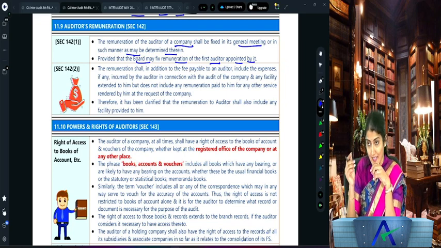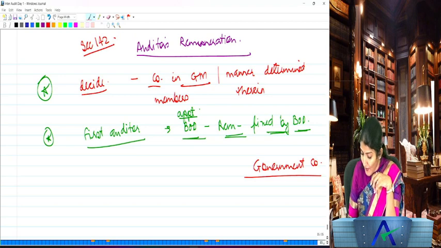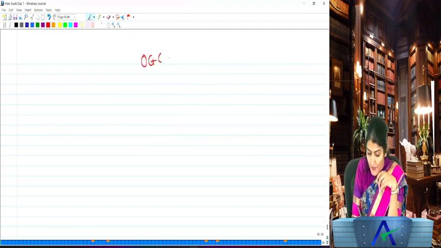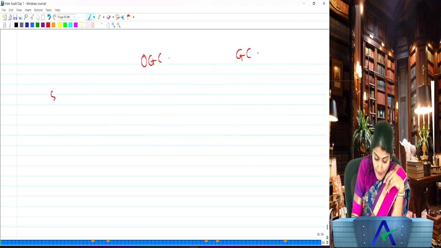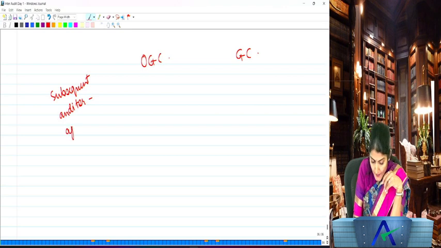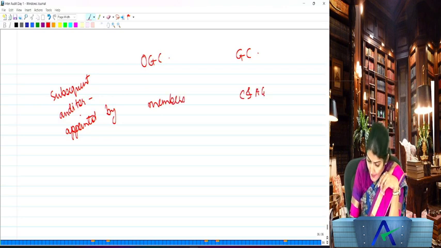Are you understanding that? Yes, so in case of the other than government company and the government company, the subsequent auditor is appointed by the members, and here it is appointed by the C and AG.